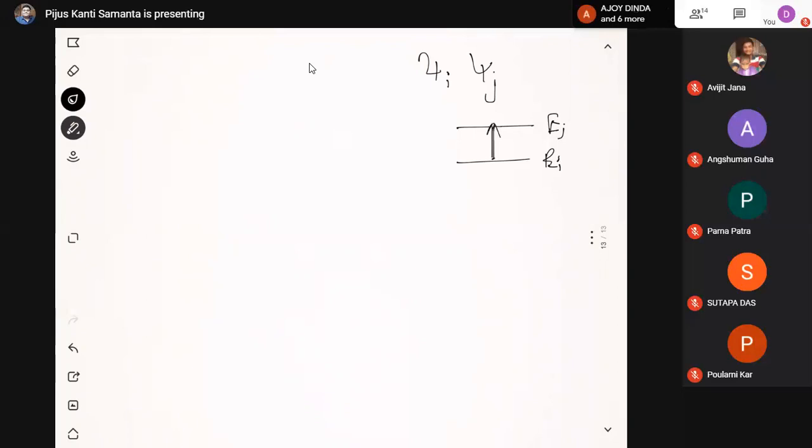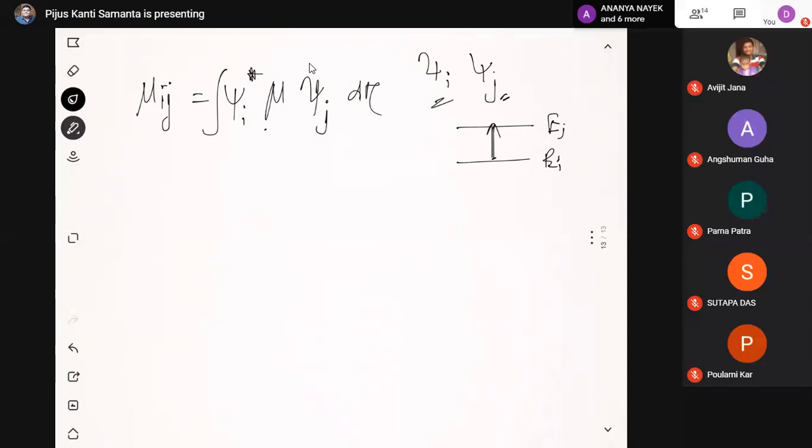In that case, the probability of transition from the ith state to the jth state is given by mu ij, the integral of psi i star mu psi j, where mu is the operator corresponding to the dipole moment of the molecule, and this has to be finite for the molecular transition to happen.